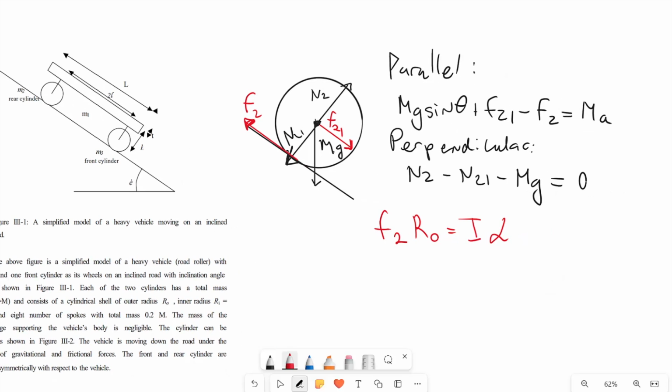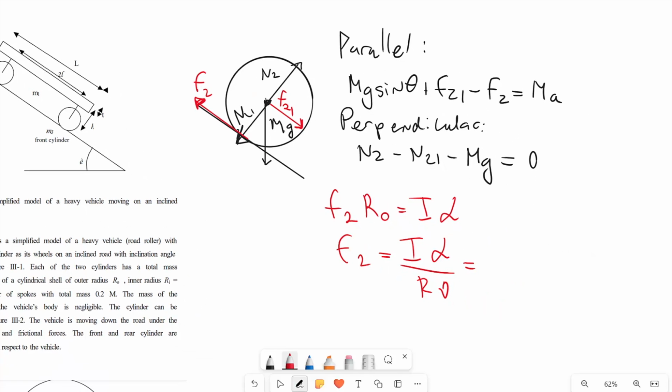And this is generally the condition. We can express this in a couple of different ways. So we can say that F2 will have to be equal to the moment of inertia multiplied by alpha, divided by R naught. There's a little trick here that the mark scheme actually gives that I wanted to show you, because alpha, the angular acceleration, is just omega over t, and omega is just v over R naught.